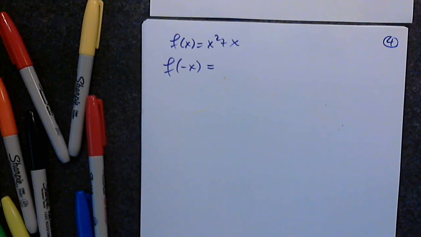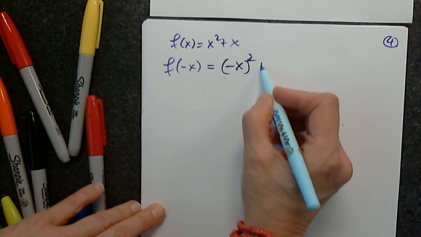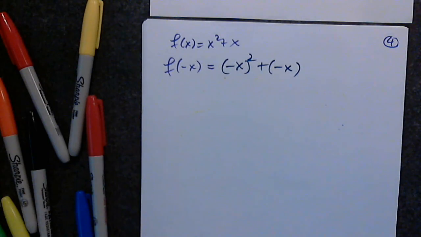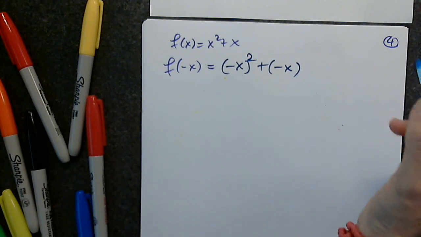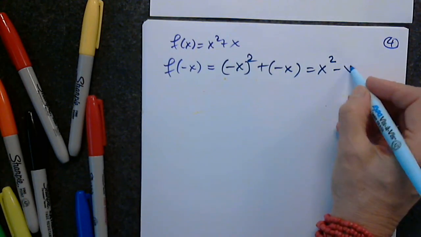It tells me to take the variable, square it, plus the variable. So now I want to plug in negative x. Can anyone dictate? Very good. Plus negative x. Awesome. This is it. Now I square negative x and I get, very good, x squared. And then I have negative x.